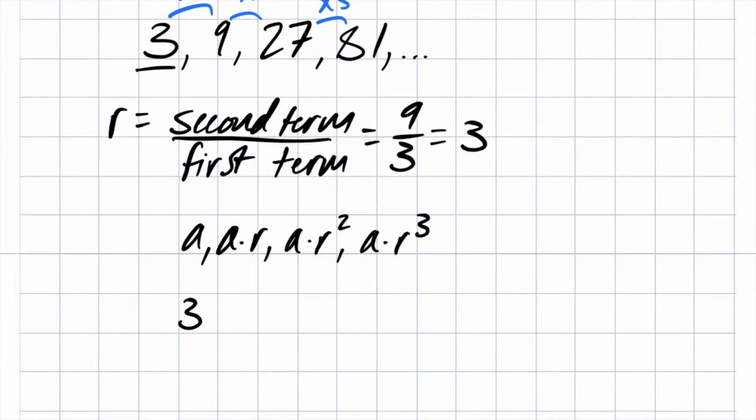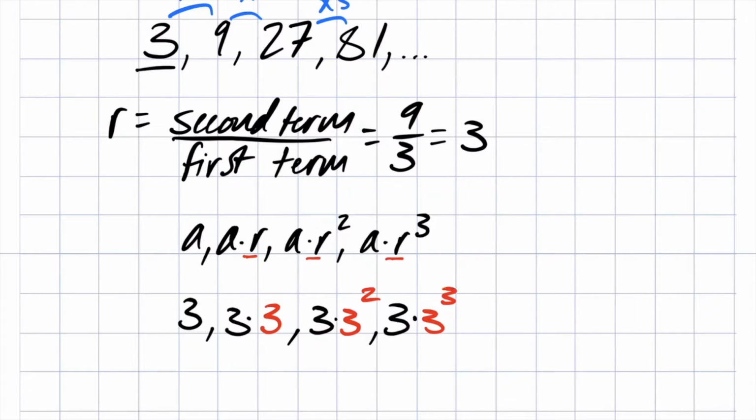We'll do 3, 3, 3, 3. Multiply, multiply, multiply. And our ratio, which is R, is going to be 3 squared, 3 cubed. Okay?